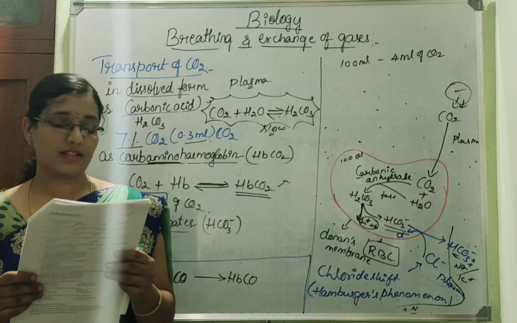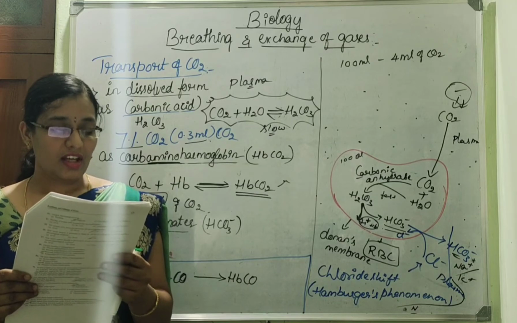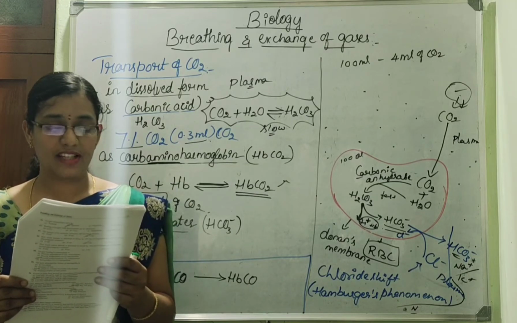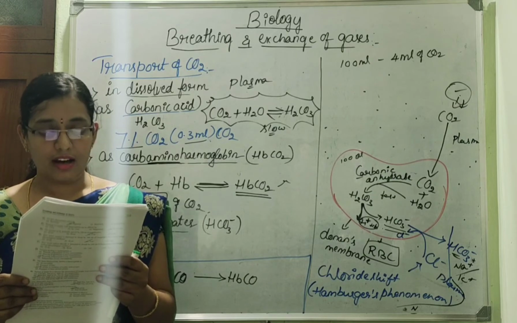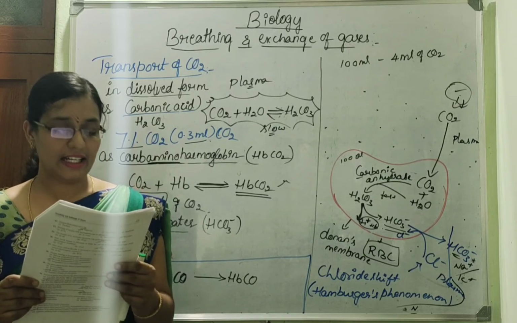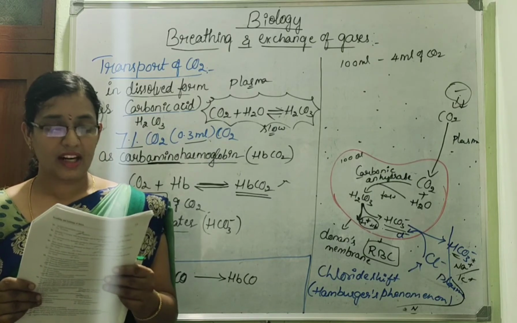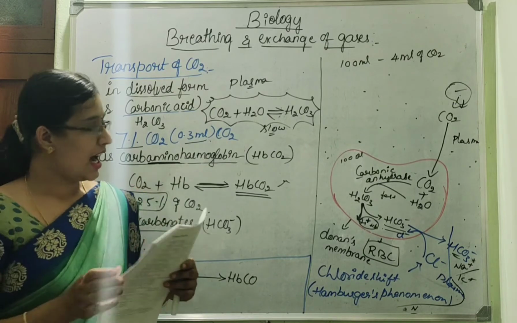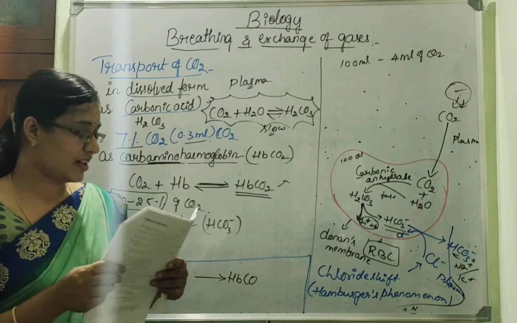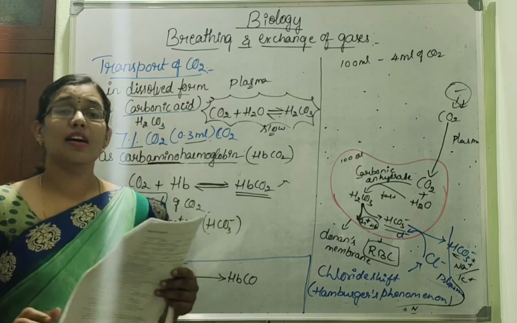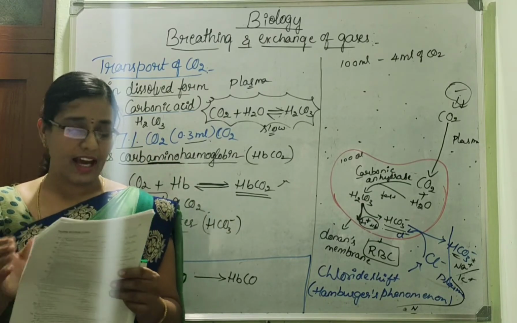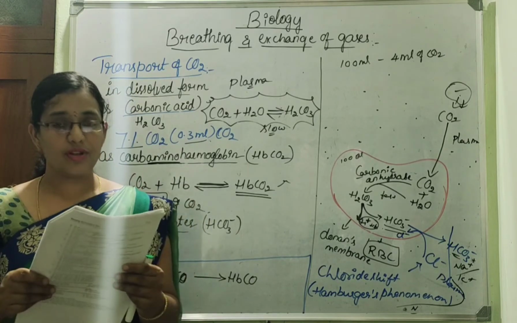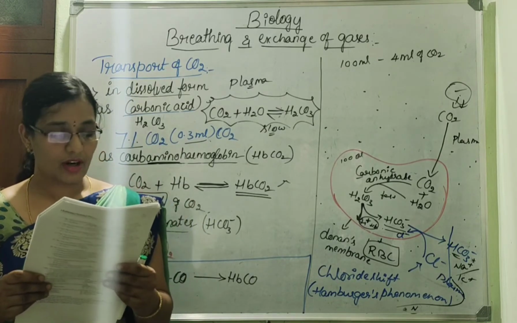So how much is it? 3%, option A. Carbon dioxide is transported, option A, by RBC, B as bicarbonates, C in dissolved state through plasma, D all of this. So carbon dioxide is transported by RBCs as carbaminohemoglobin, as bicarbonates, and in dissolved state through the plasma. So which is the right option? Option D, all of this.